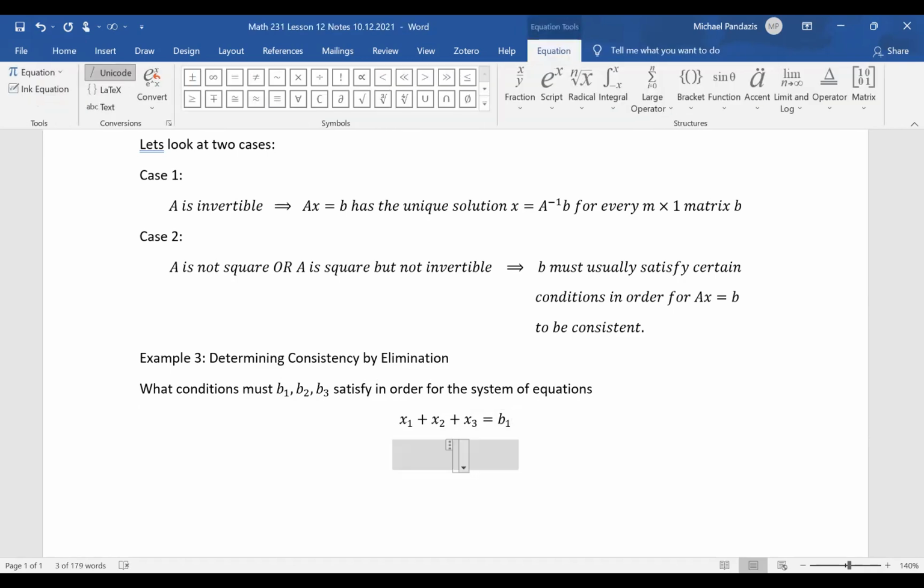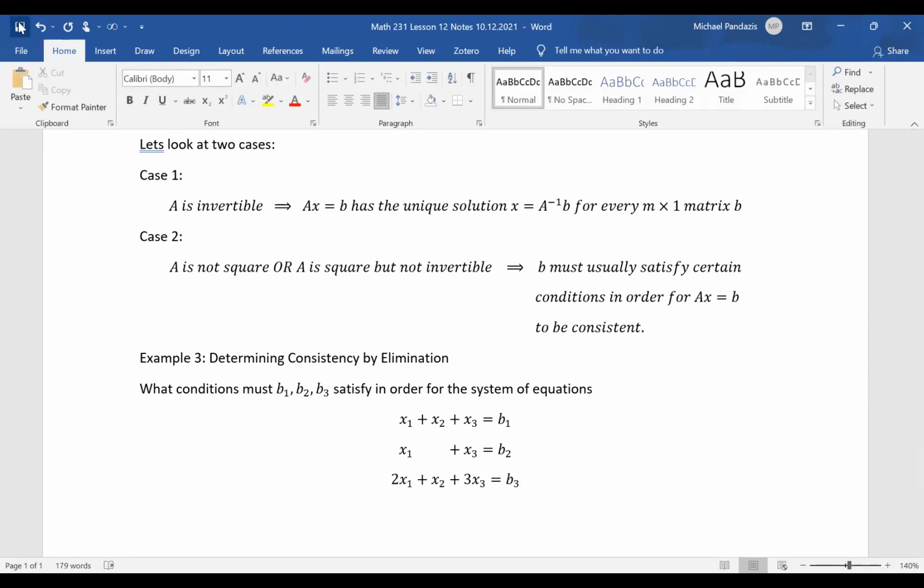Also, next equation, x1 plus x3 is equal to b2. And the equation 2x1 plus x2 plus 3x3 is equal to b3.